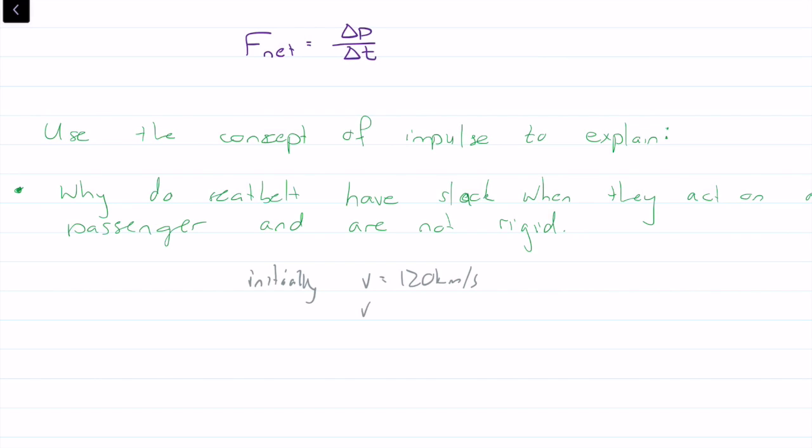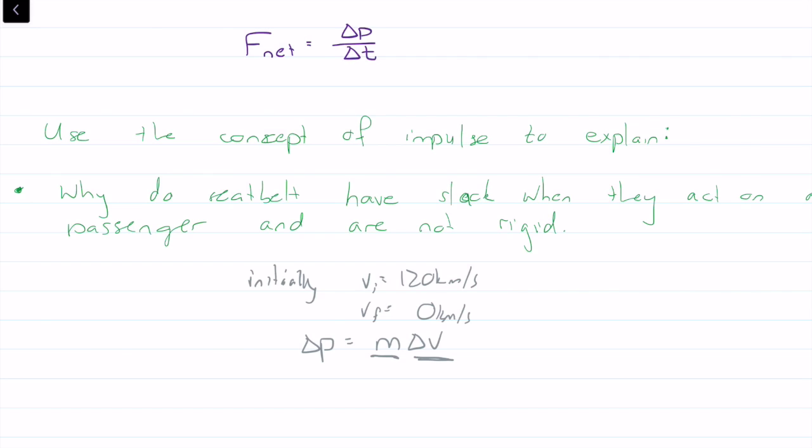Then your final velocity, when you're in an accident of some sort, is 0. So your impulse, or your delta P, equals mass times delta V. For both situations, when the seatbelt is rigid and when the seatbelt gives a little, the impulse is the same because the mass is the same, and in both situations the change in velocity is the same.